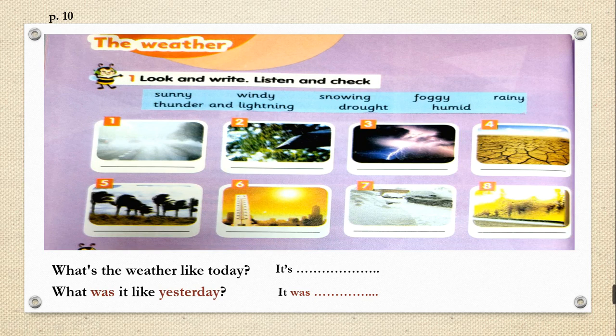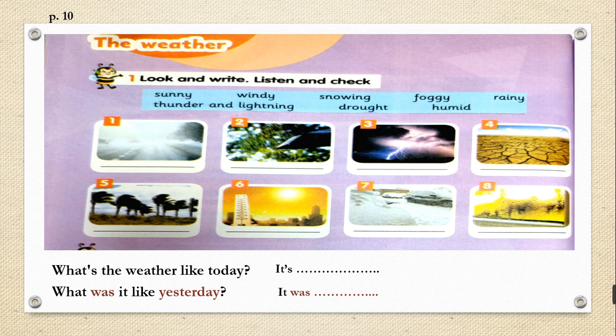We have in here 8 ways to describe the weather. Sunny, windy, snowing, foggy, rainy, thunder and lightning. Thunder and lightning like in the stormy.